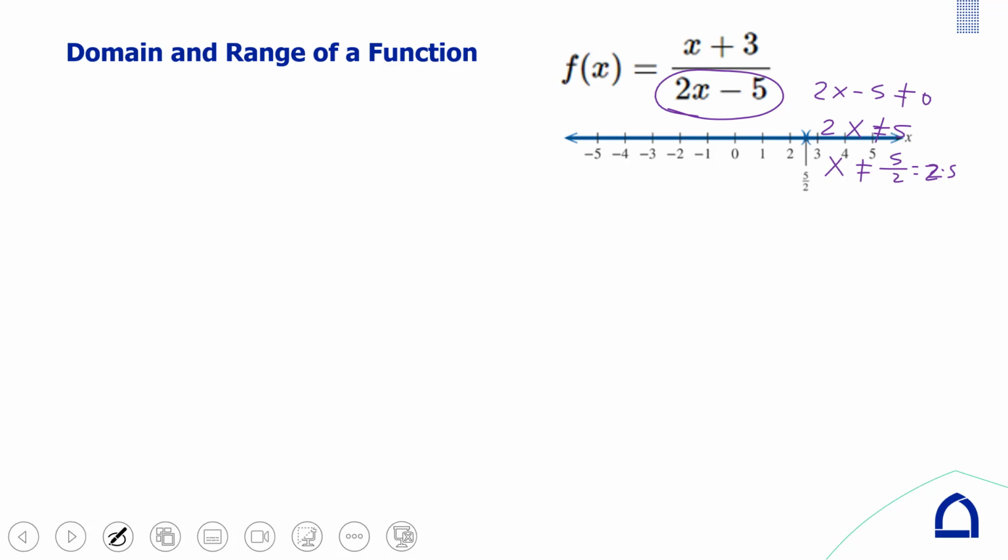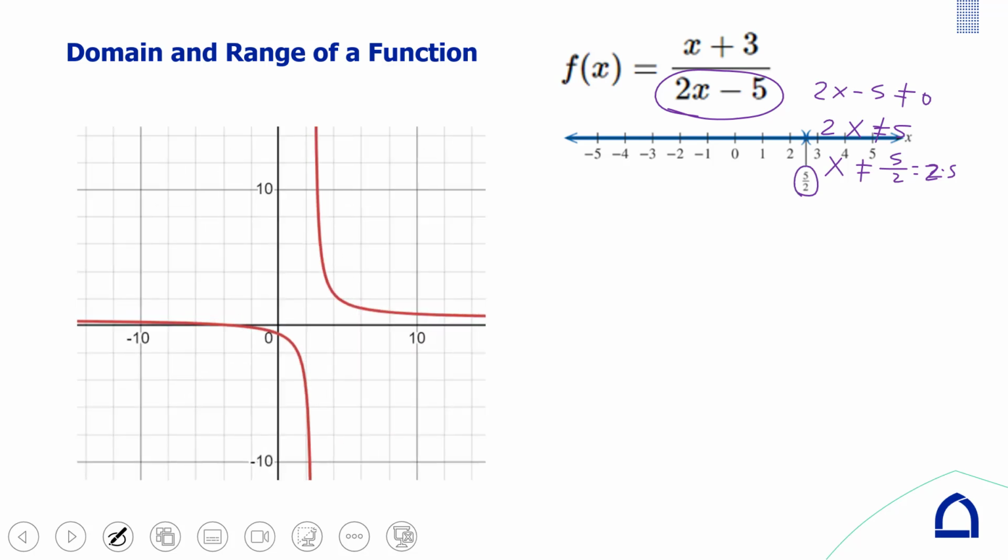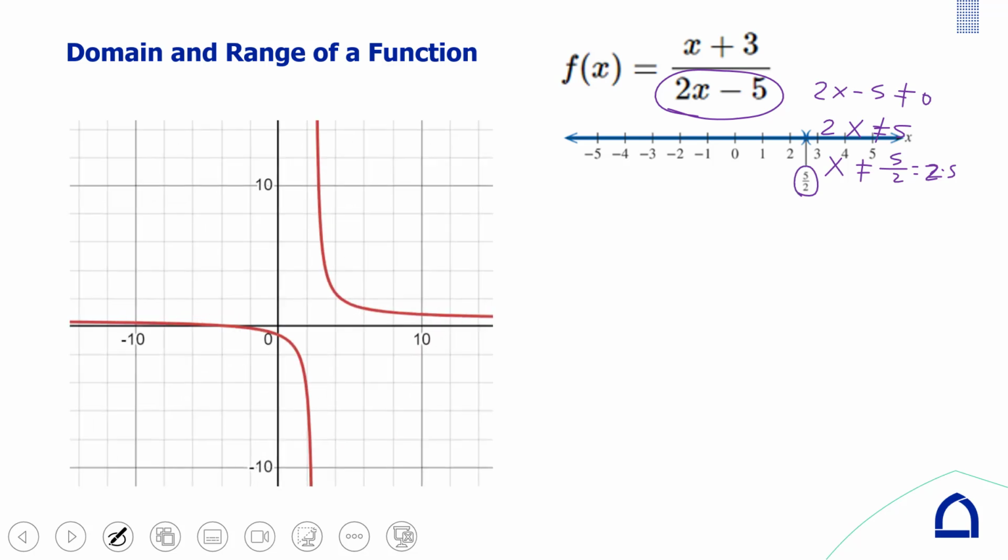Your domain has all real values except 5 over 2. When you graph it, at 5 over 2, or 2.5, you cannot find the value of the function. So the domain will be minus infinity to 5 over 2 union 5 over 2 to positive infinity.